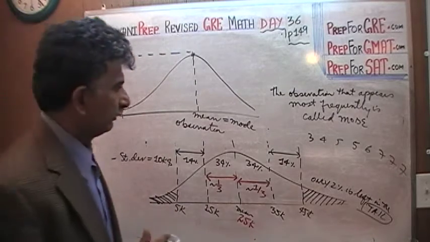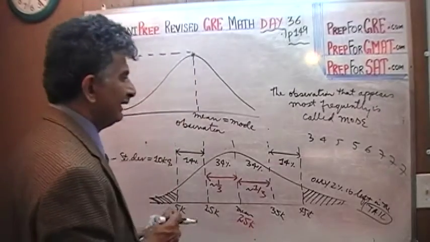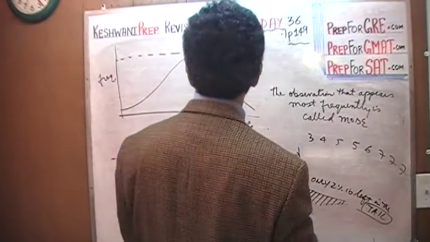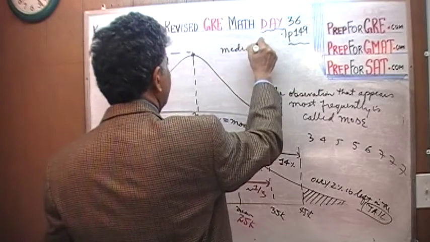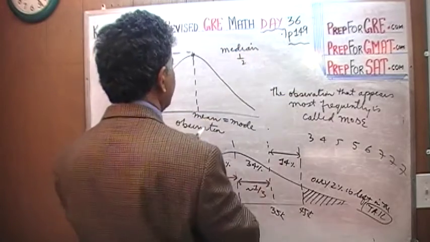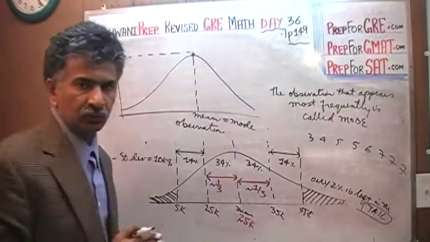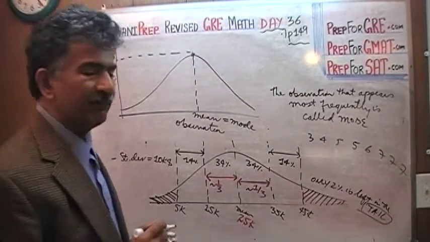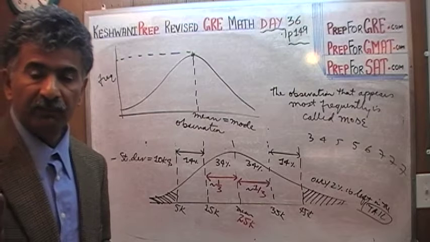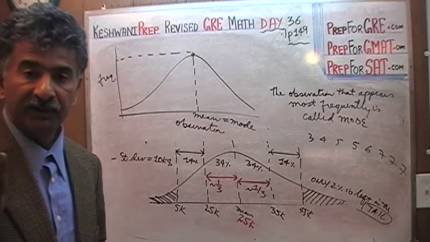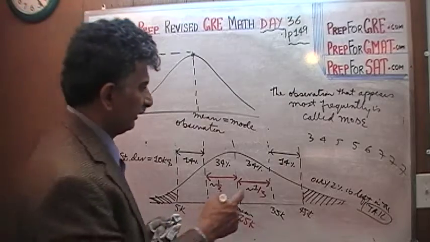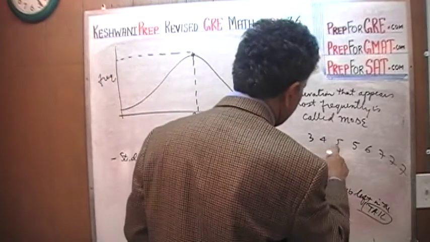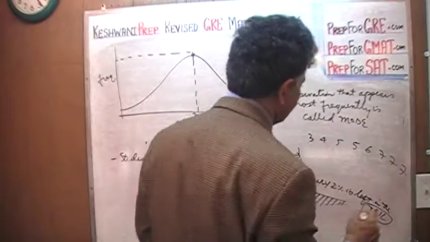Let's talk about one more concept, which is the median. The median means half the observations are above that number and half the observations are below that number. For example, here we have 1, 2, 3, 4, 5, 6, 7, 8, so there are 8 numbers.